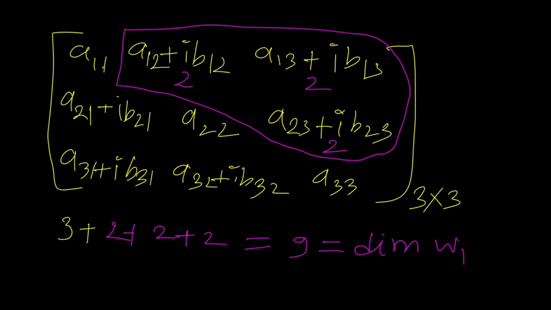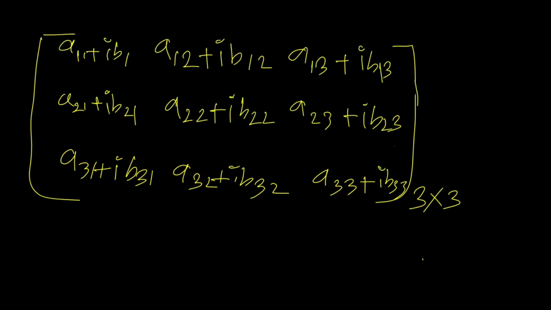Now for the dimension of W2, we compare with trace of A equal to 0. For W2, this is the matrix where trace of A equal to 0. We know that the sum of the diagonal elements is the trace of the matrix.